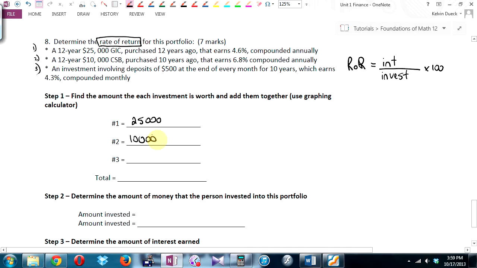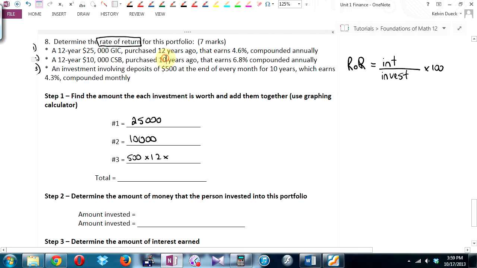What about investment number 3? How much am I depositing each time? I would write that down. Times, how many times per year? 12. Times, how many years? 10. By the way, I should fix this.